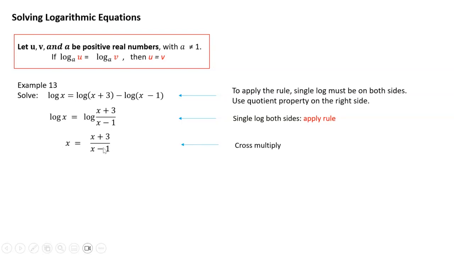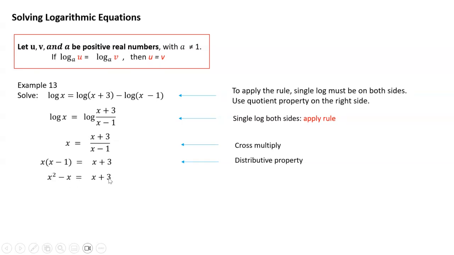Or you can also multiply both sides by x minus 1 to get rid of the fraction on the right. But anyway, guys, this is what it will give us. So we multiply both sides by x minus 1. This is my result. Or if I cross multiply, x times x minus 1 must equal x plus 3 times 1. Now here we're going to distribute. So x squared minus x equals x plus 3.